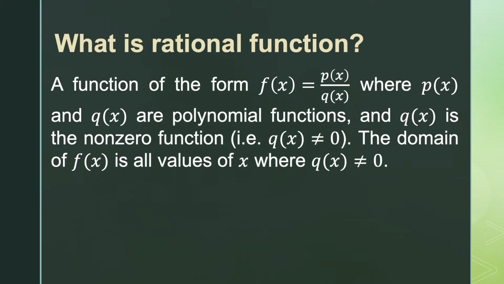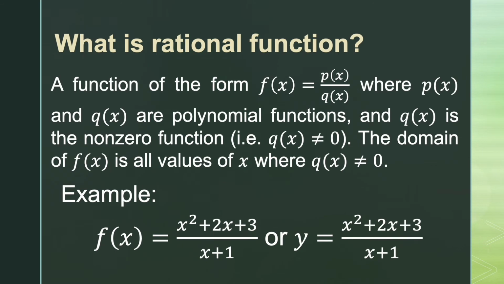Let us consider the following example. f of x equals x squared plus 2x plus 3 over x plus 1. Note that the numerator and the denominator are polynomial functions and the denominator is a non-zero function. Hence, f of x is a rational function.